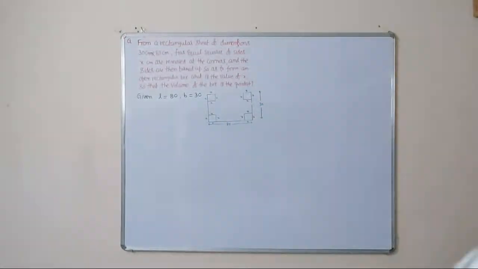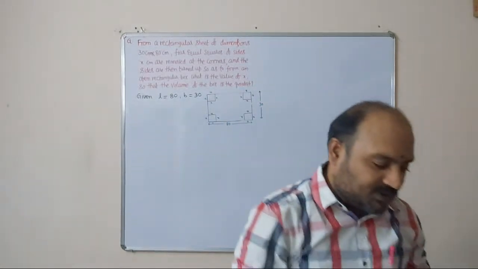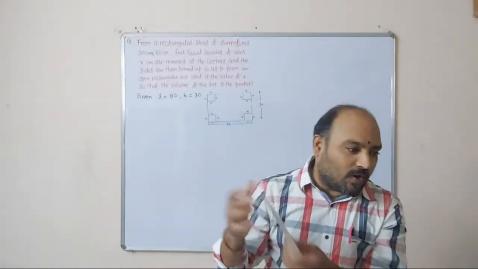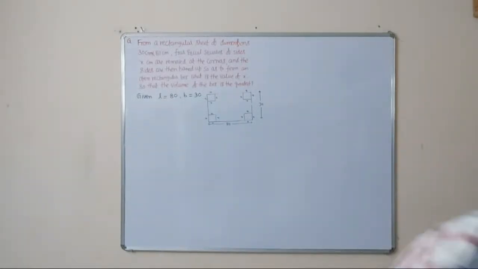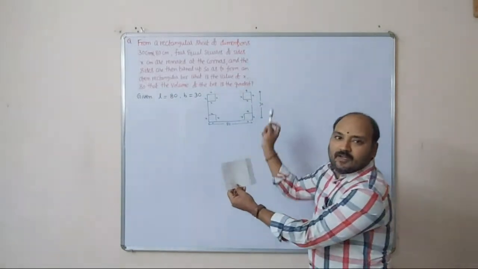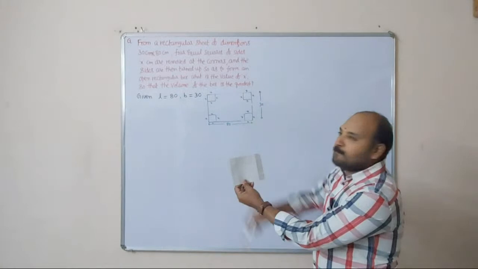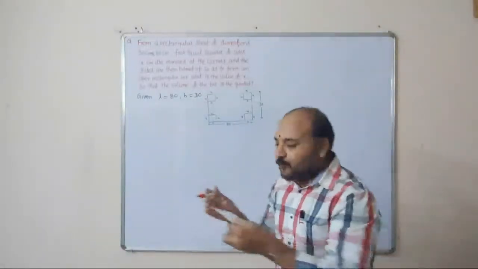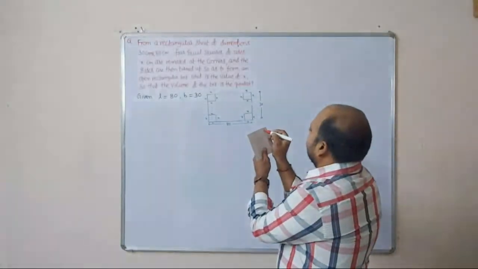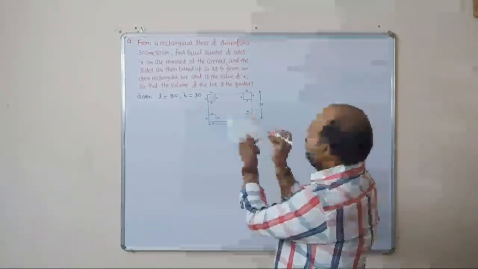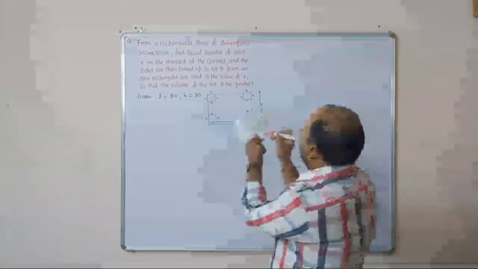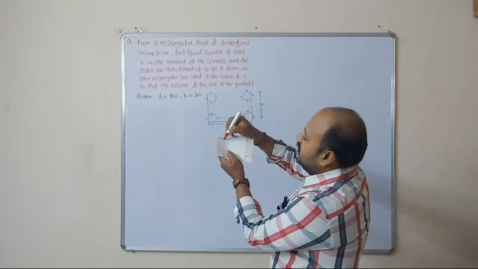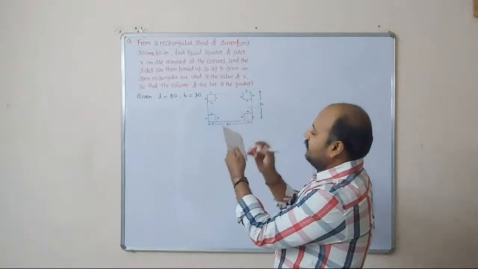This is the rectangular sheet. Observe carefully here. This is one square, this is another square, and here also another square.